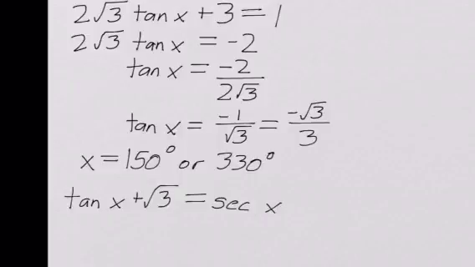So it turns out that the left-hand side, regardless of which value of x I use, is going to be a positive number. Well, the secant is not positive in the second quadrant. So it turns out that 150 degrees will not be a valid solution. 330 will. You can verify this yourself by plugging the numbers into the original equation and checking it.